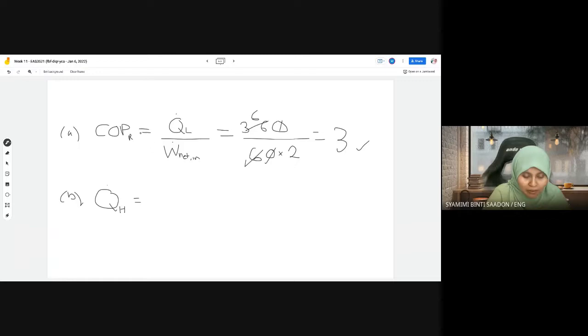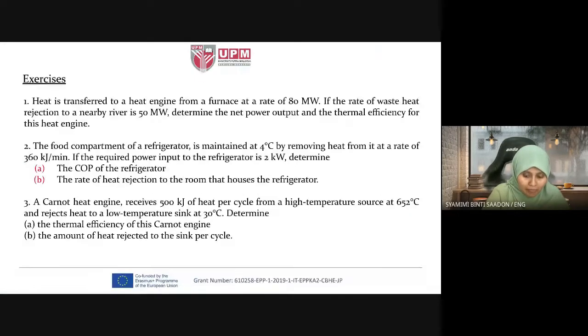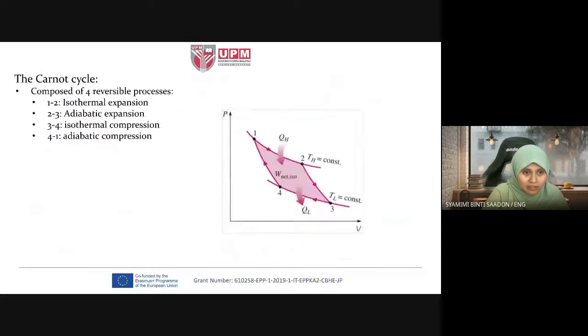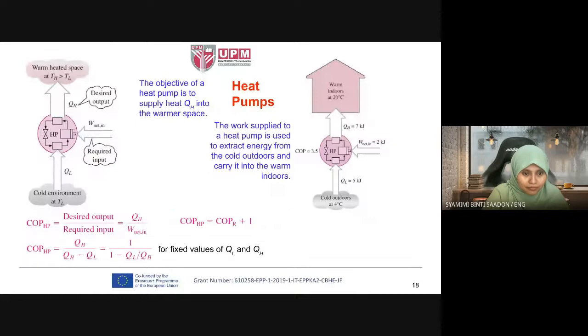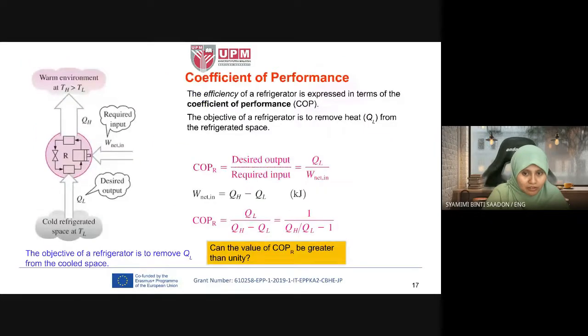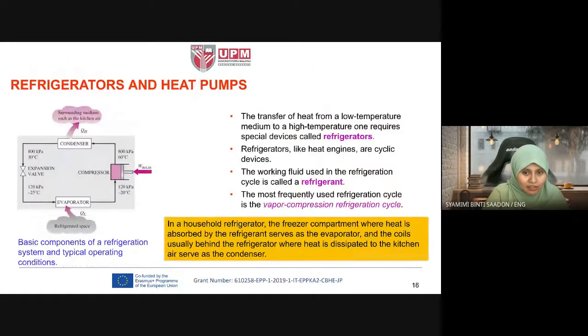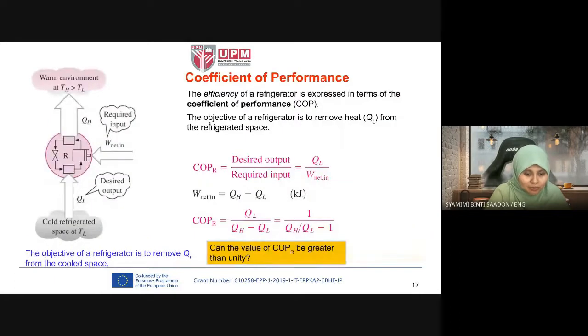So from the definition of the cycle, look back at the refrigerator. QH is the sum of QL, the desired output, plus the required input, the W net in.